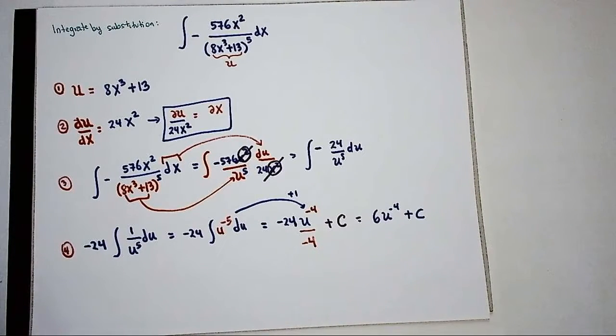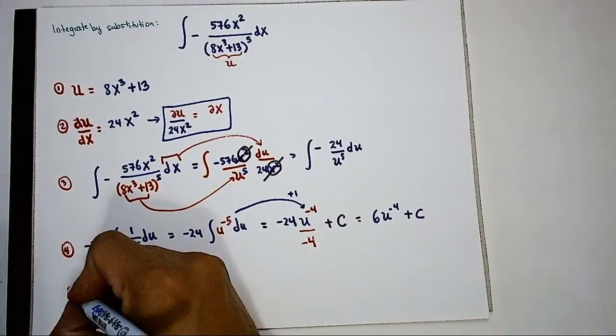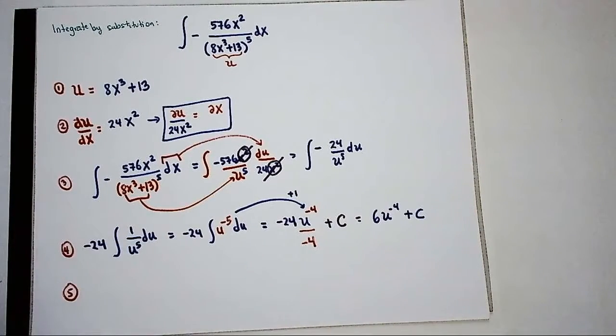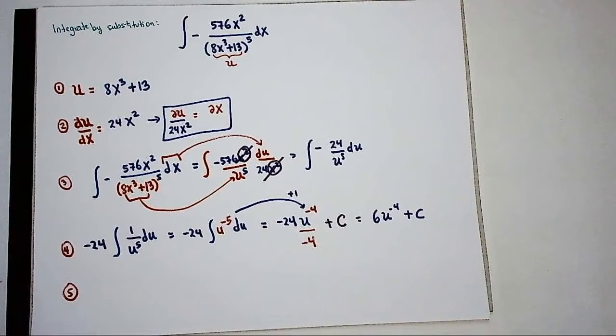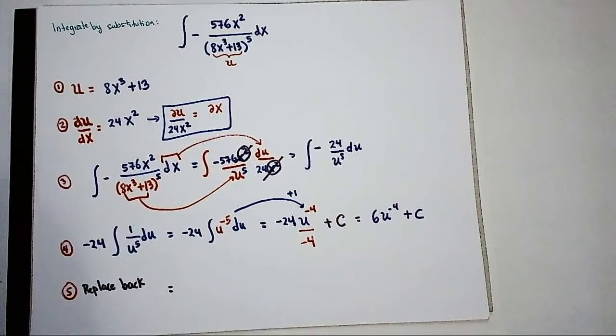So this is the integration as a function of u. However, the original expression is in function of x only. Therefore, we need to replace back in terms of x.